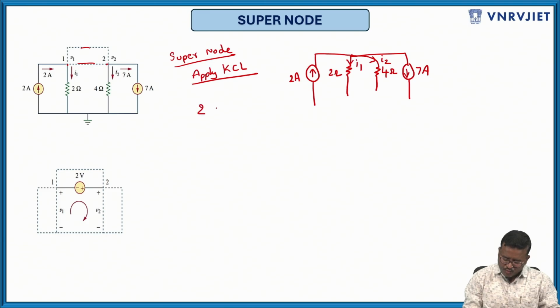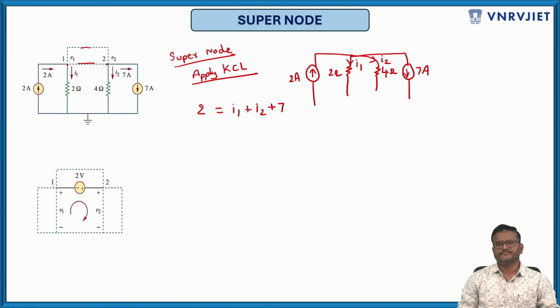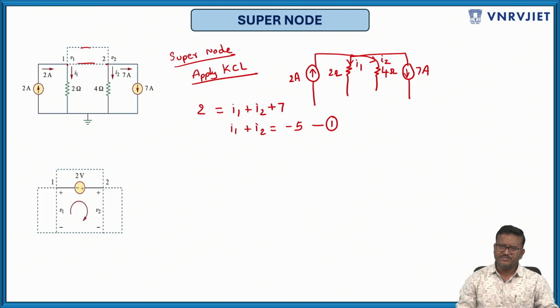So 2 equals I1 plus I2 plus 7. So I1 plus I2 equals minus 5. This is one equation. Now replace these currents using Ohm's law. I1 can be replaced with V1 by 2 and I2 equals V2 by 4. So you will get the equation in terms of the node voltages.